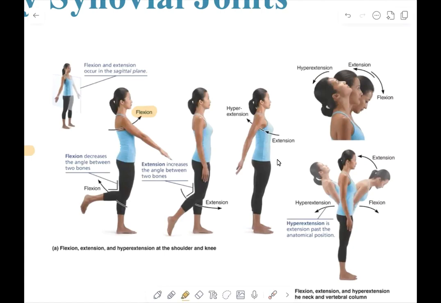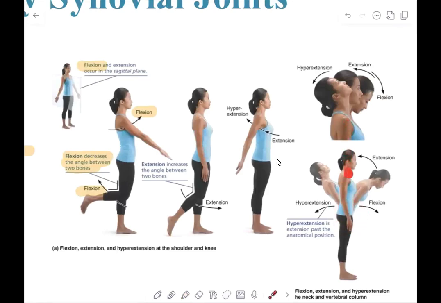You can also flex at your knee joint. And what she is doing here is standing at attention and pulling her leg backward. That's called flexion and decreasing the angle between the two bones. You can also do that at the hip here.